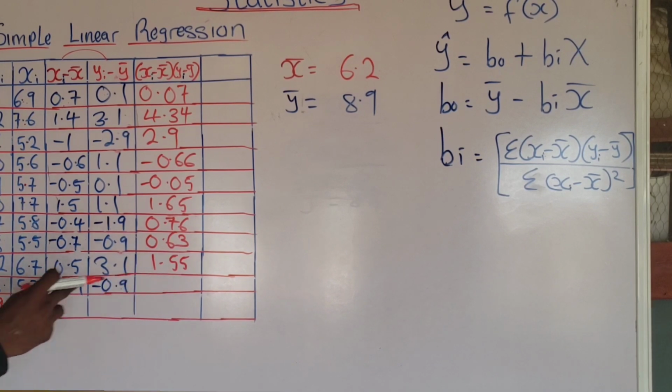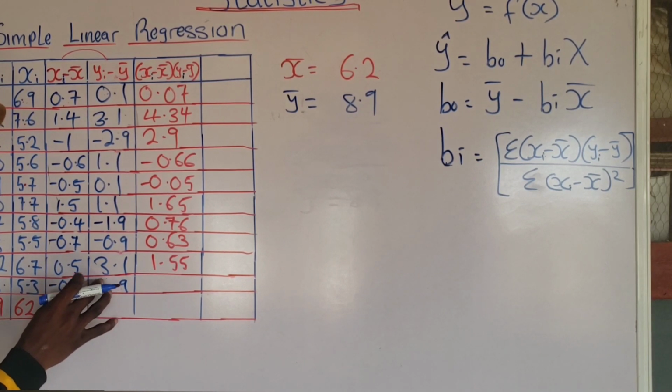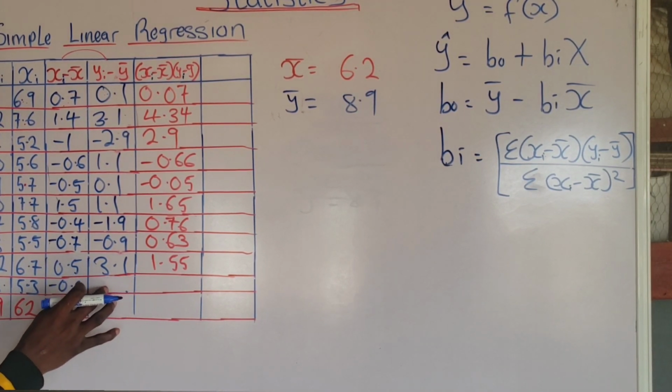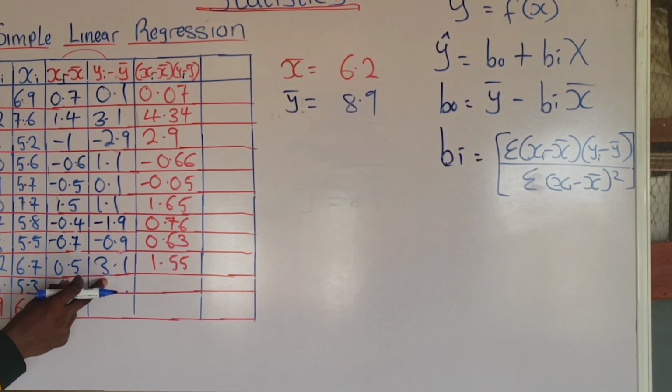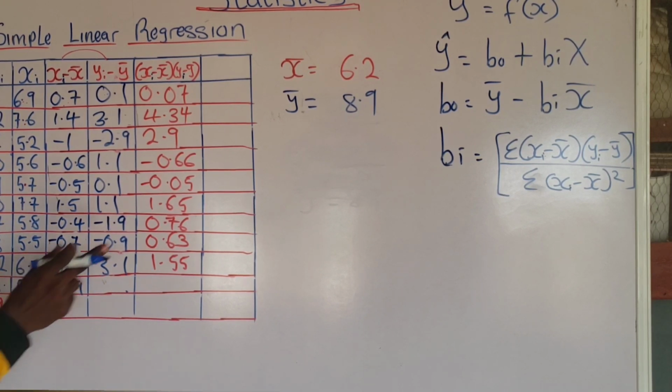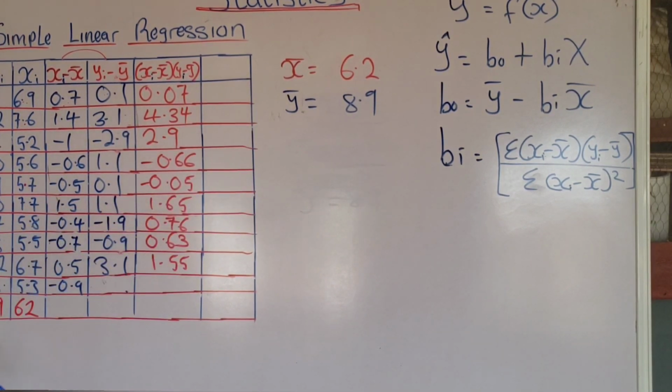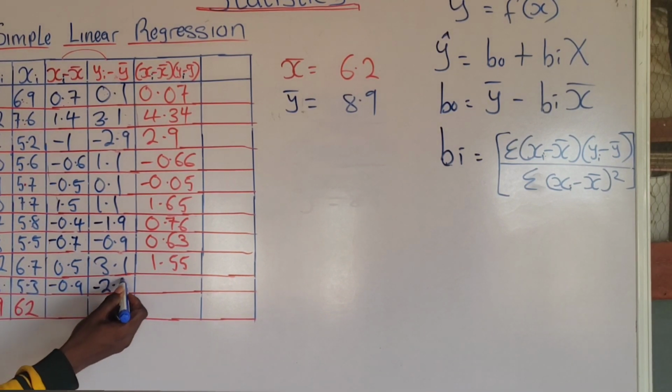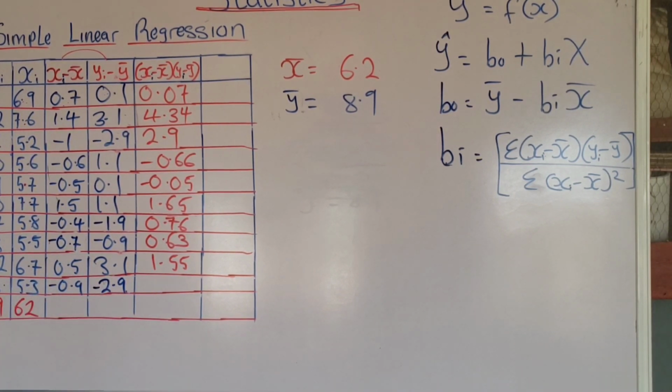And for this, negative 0.9, I think there is another mistake here. This should be y minus the mean value of y. 6 minus 8.9 should give us negative 2.9. Negative 2.9.